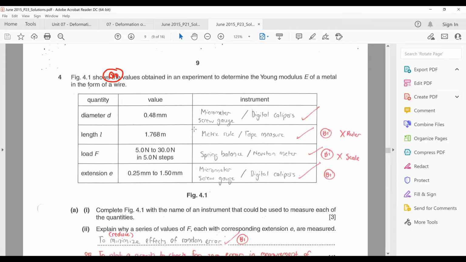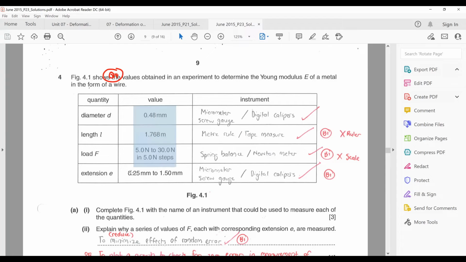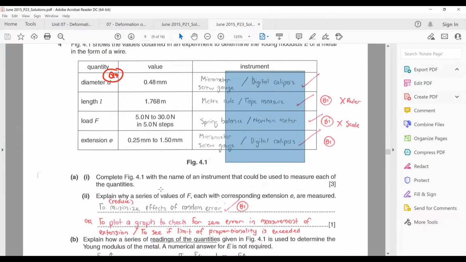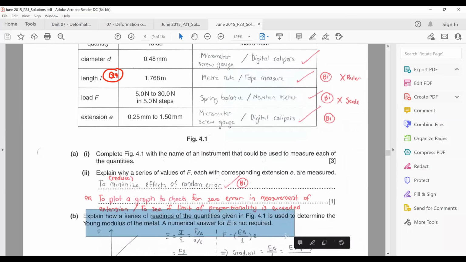Figure 4.1 shows the values obtained in an experiment to determine Young's modulus of a metal in the form of a wire. They give you the diameter, the length, the force, and the extension. And then they ask you to state the instrument that you could use to determine the values of these quantities. So that's what part B in your worksheet is saying now.